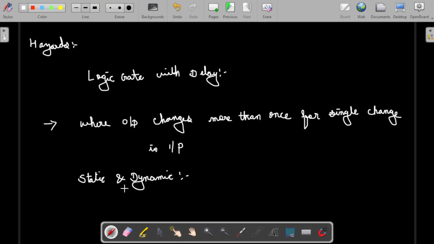So let me make it simple. In a static hazard, if initially the output was 0 and it changes to 1 and then back to 0, then this is called a static 0 hazard. So the output is static, right?